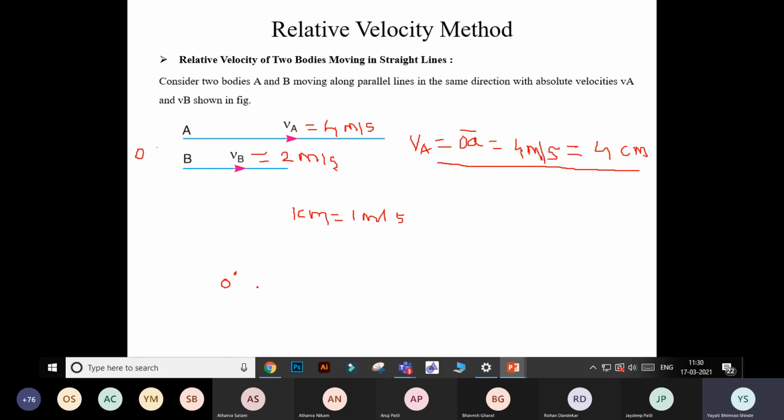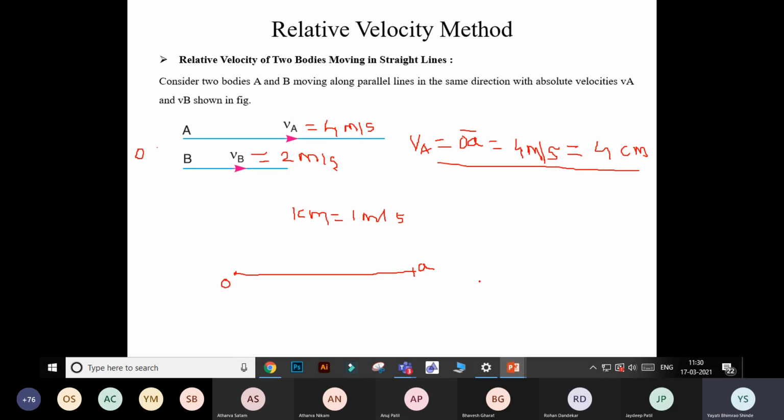It is a horizontal line. So through this O, I will draw a horizontal line in the direction of the arrow, that is towards the right hand side, whose magnitude is 4 centimeter. That is vector OA.